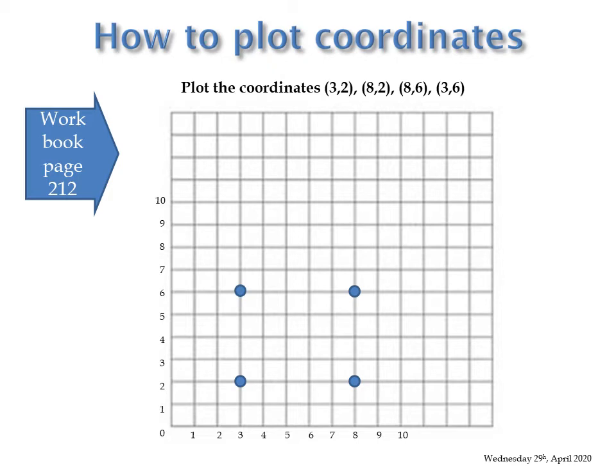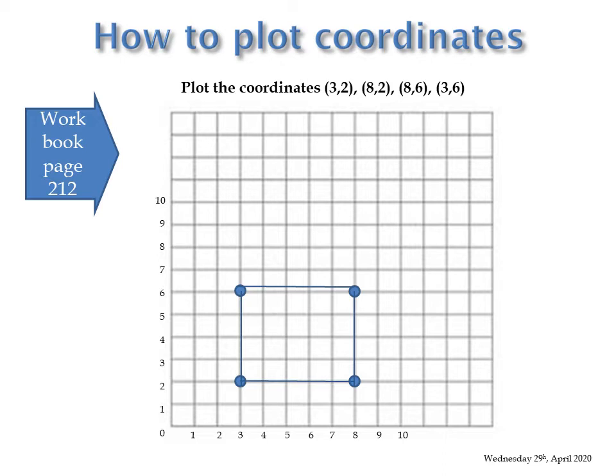Now let's try to close or connect our dots with lines. Okay, we connected this, and then this, and then this, and the last one. Now, what shape do we have? We have a rectangle.